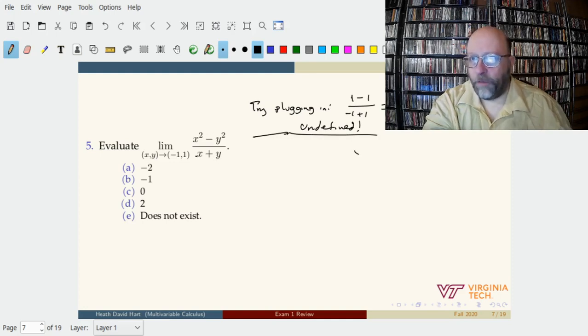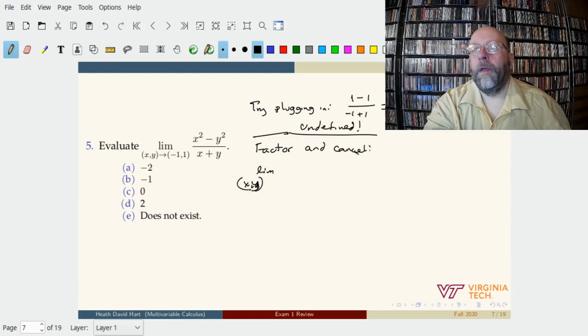This one yields to something fairly simple, the numerator factors. The limit as x, y approaches negative 1, 1 of x minus y times x plus y over x plus y.